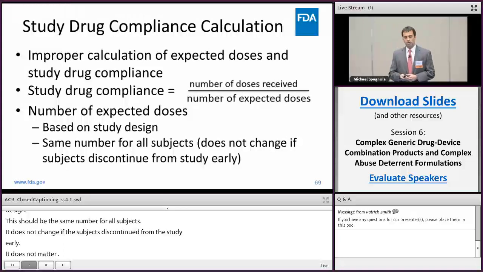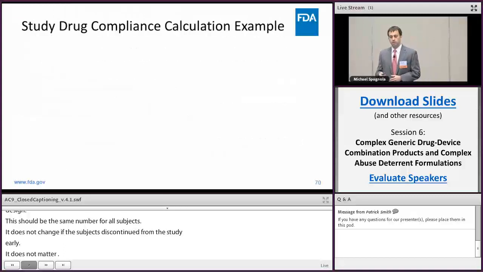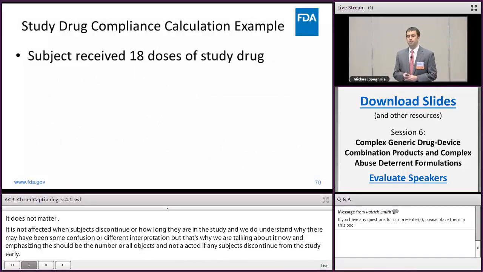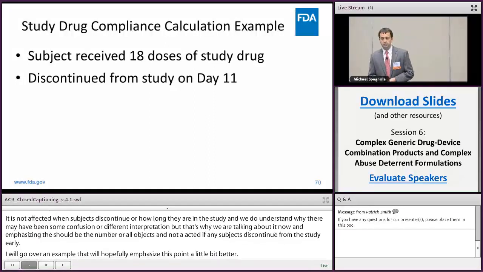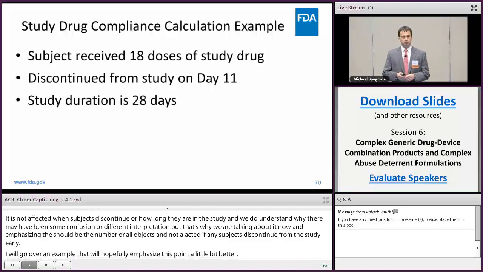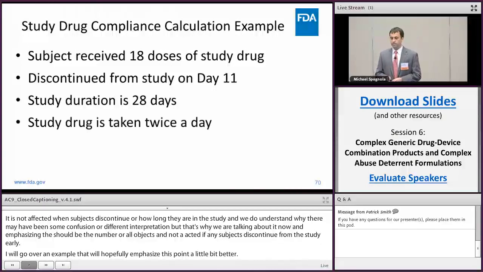And I'm going to go over an example that will hopefully emphasize this point a little bit better. So for example, if a subject received 18 doses of a study drug and they were discontinued from the study on day 11, and the study duration for this treatment was 28 days, and the study drug is taken twice daily.